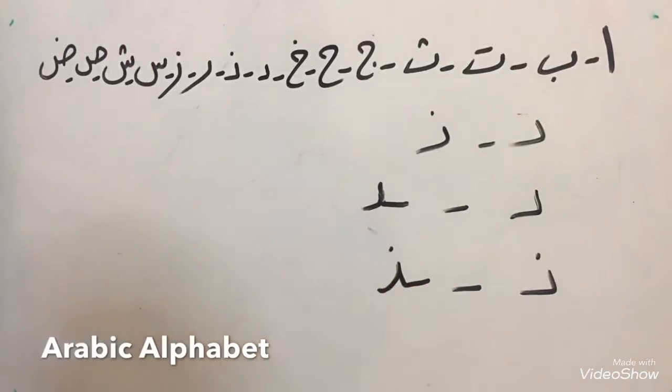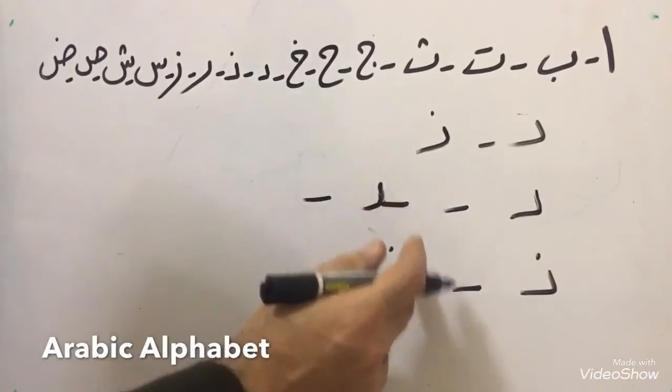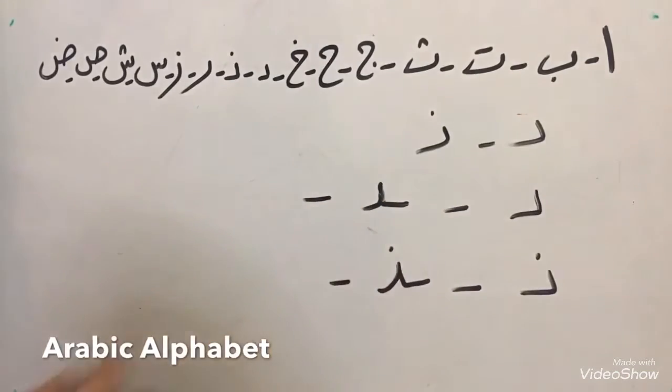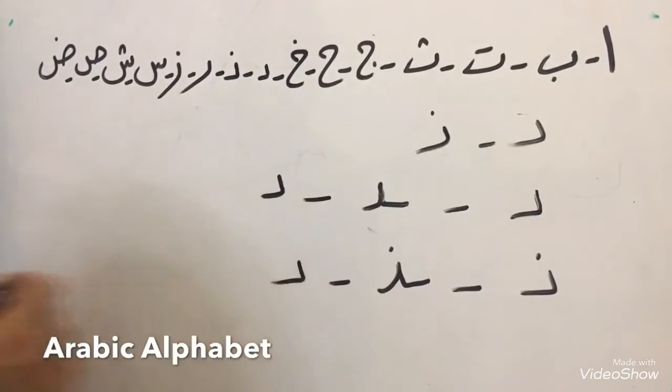Dhal. Of course, if they are joined with the letter before, like Sin, Sheen, but if the letter before can't be joined, they are in this way also.